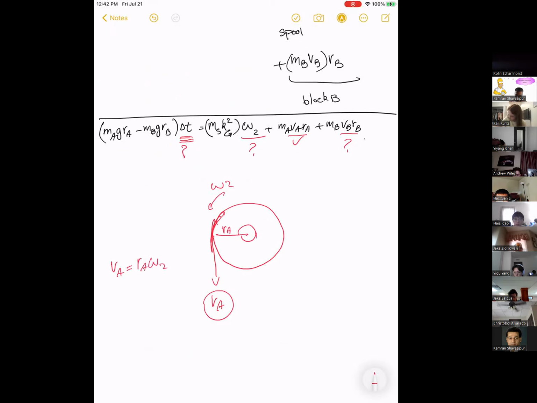And same thing, if B goes up, VB is RB omega 2. So from here, you can find omega 2 is VA over RA, and then substitute here.